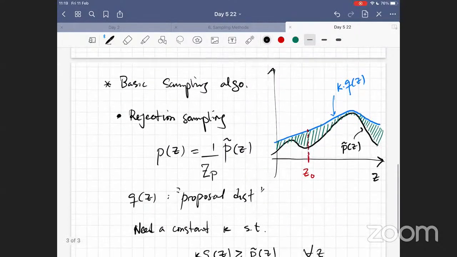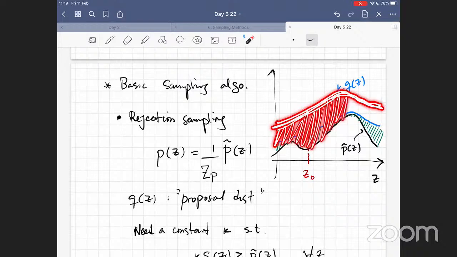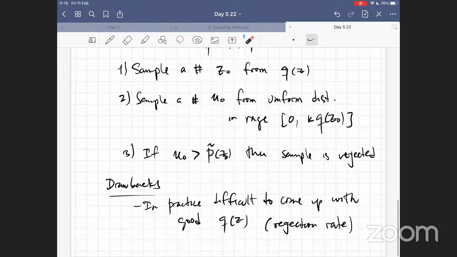Of course, imagine that my proposal distribution is really flat because I want to have an envelope that I ensure to be on top. Or I multiply this by K, which is large enough. But if K is large enough, then K times Q is up here, and of course the rejection area is much larger, right? So in general, it is very difficult to have a low rejection rate.